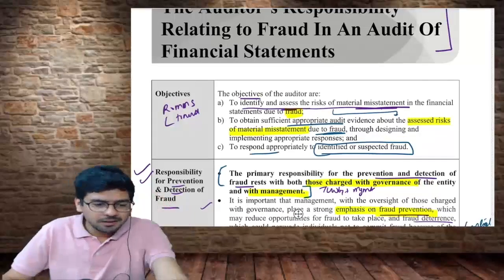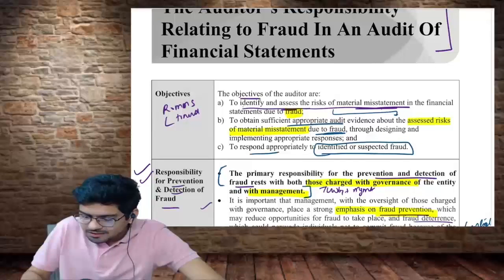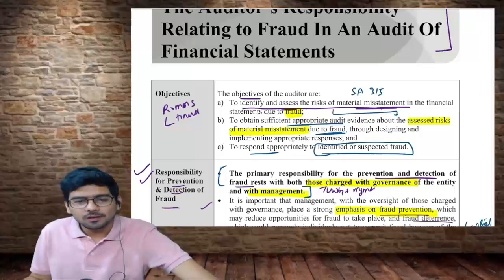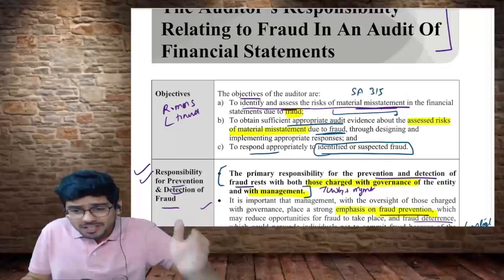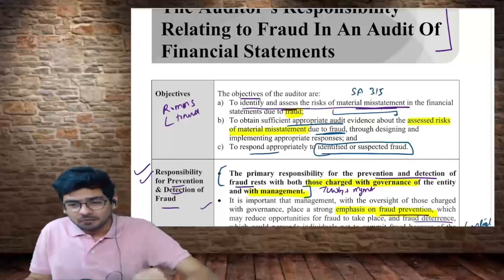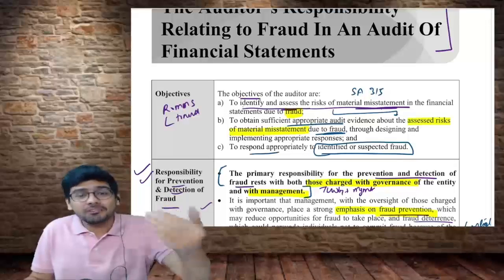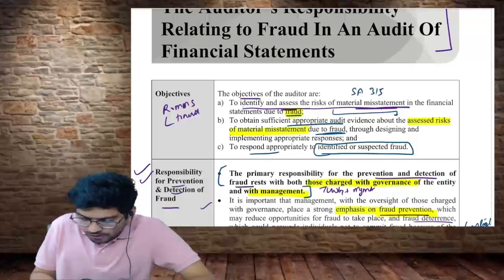Tell me the name of the standard. It says to identify and assess RoMMs. This is done as per SA 315. You remember the name of 315? Identifying and assessing the risk of material misstatement through understanding the entity and its environment. So whenever we determine RoMMs, it is done using SA 315. But we are more concerned with RoMMs with respect to fraud.